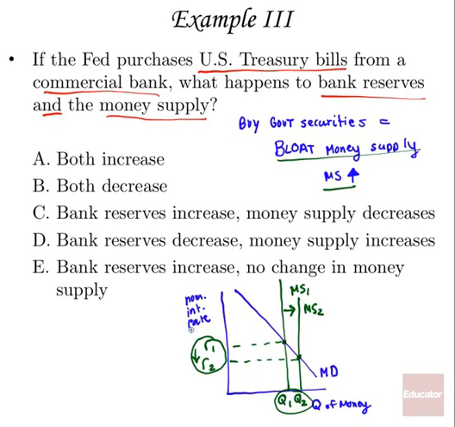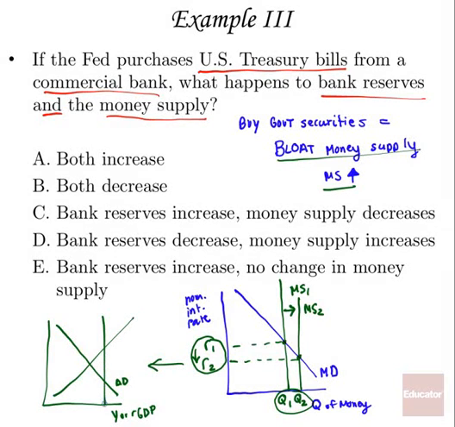Now, if I want to connect even more with the graphs, consider the aggregate demand curve, with Y or RGDP, and the lower interest rate. Let's say this is a recessionary period, so this is the LRAS, and here's the price level.